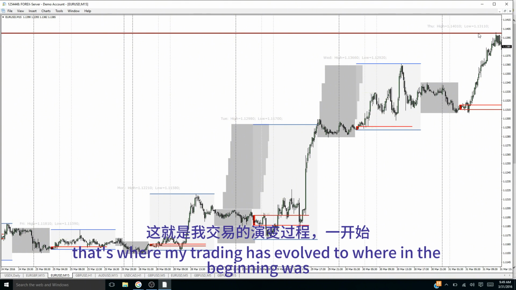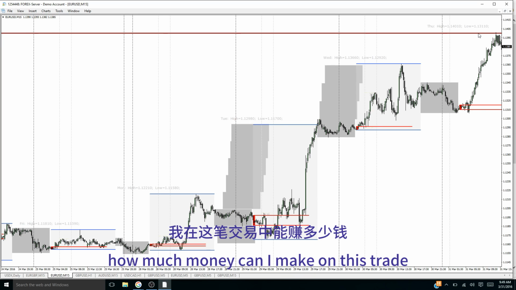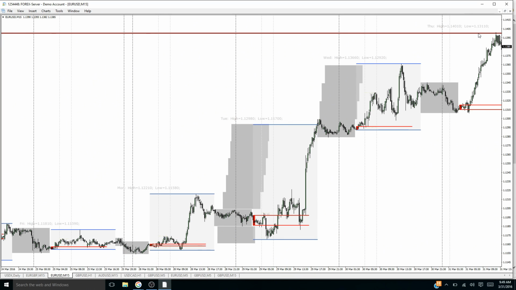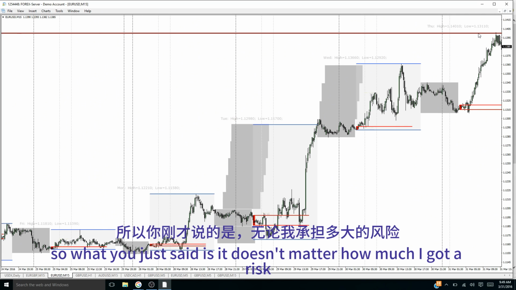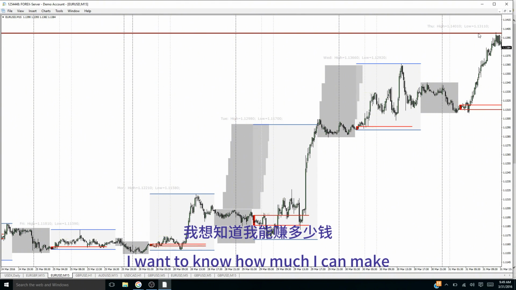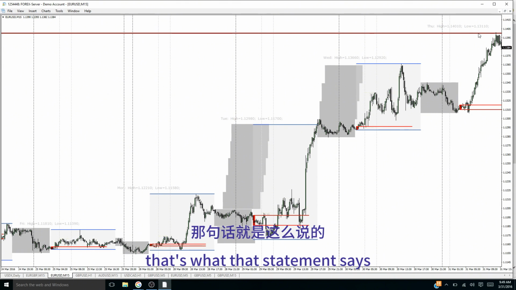In the beginning it was, how much money can I make on this trade? Think about that. You do it. How much money can I make on this trade? So what you just said is, it doesn't matter how much I got to risk. I want to know how much I can make. That's what that statement says.